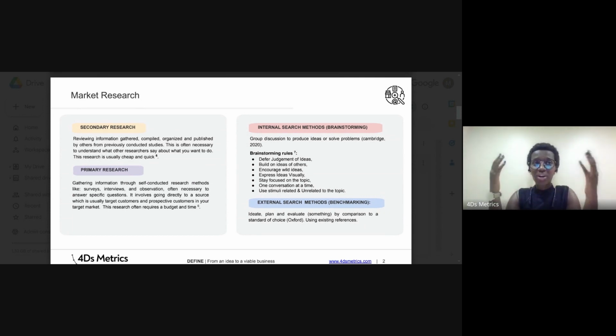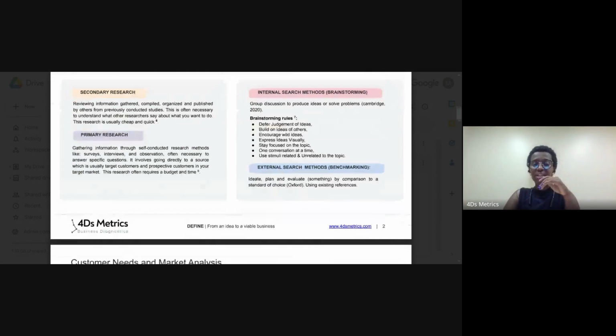You are writing as many ideas as possible of the solution, and as many explanations as possible for the need you're trying to solve. Like we said in the definitions on Monday, internal search is brainstorming, external search is benchmarking. You're looking at what other innovators or problem solvers have done in the past.